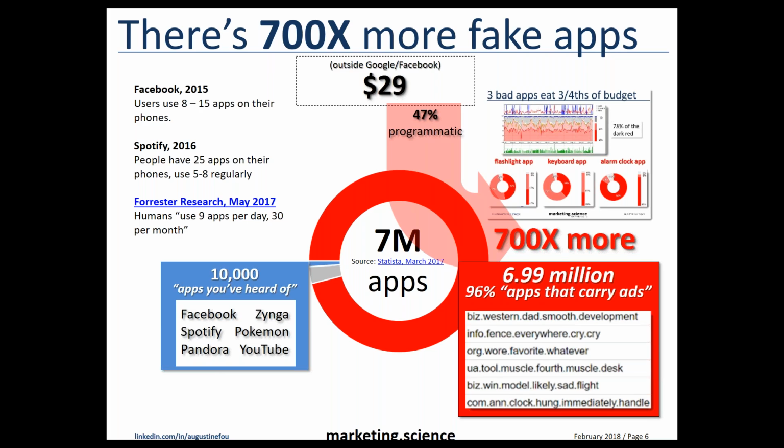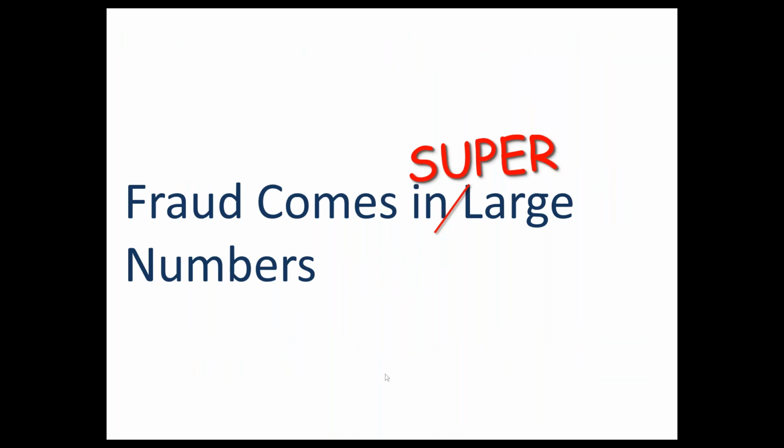So again, if you look at the entire universe of apps, there's 7 million apps, and there's only a small handful that humans know about or have ever heard about, right? So again, in this case, you can see this estimate of 700 times more apps that are designed to steal ad dollars. Okay, so these are broad level estimates.